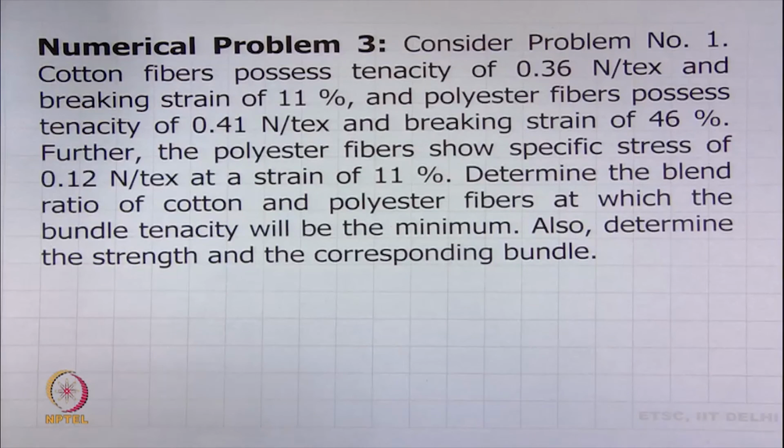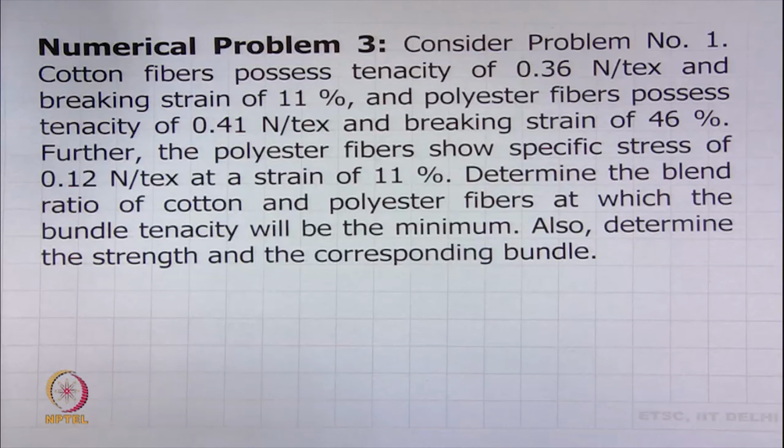So, this problem is basically an extension of problem number 1 of this module. You remember in problem number 1 this information was given: cotton fibers possess a tenacity of 0.36 Newton per tex, breaking strain 11%. Polyester fiber possesses a tenacity of 0.41 Newton per tex and breaking strain 46%.